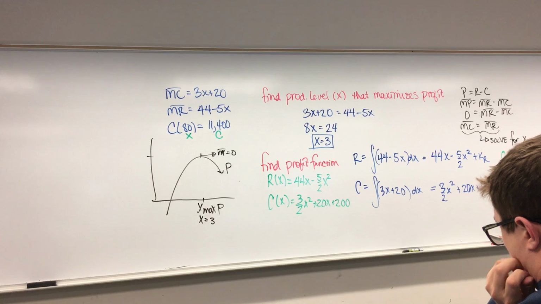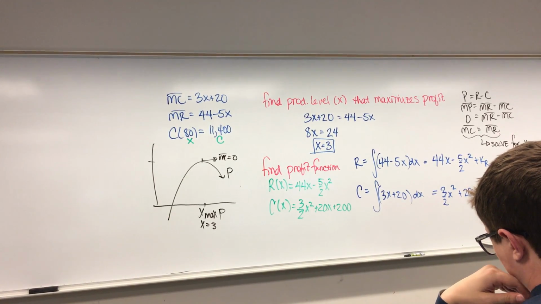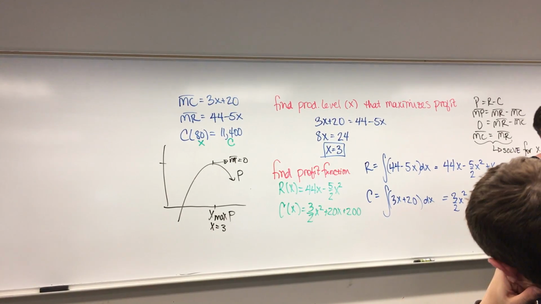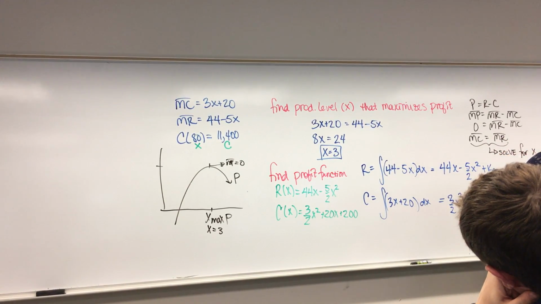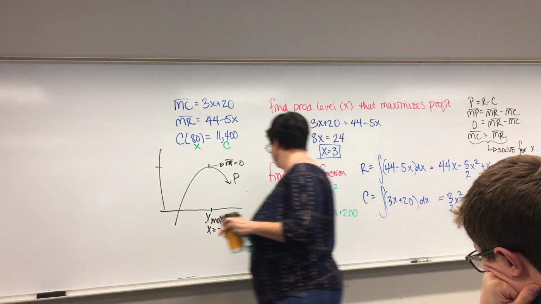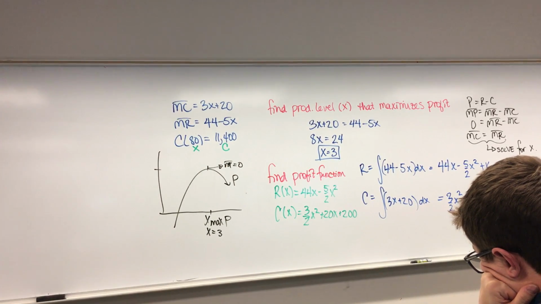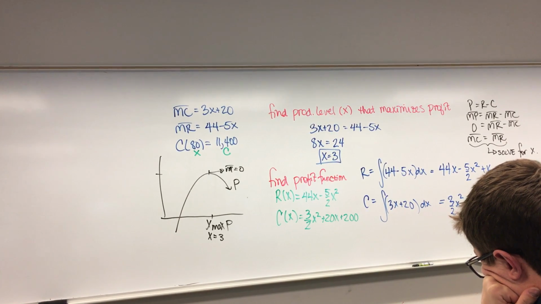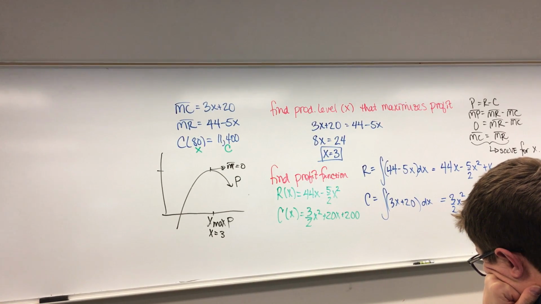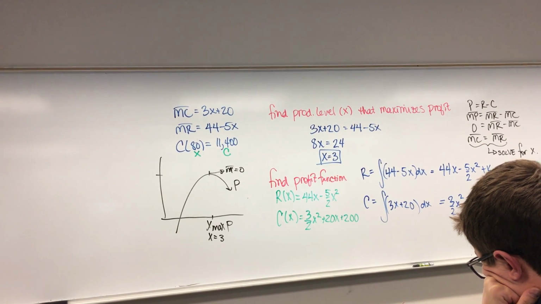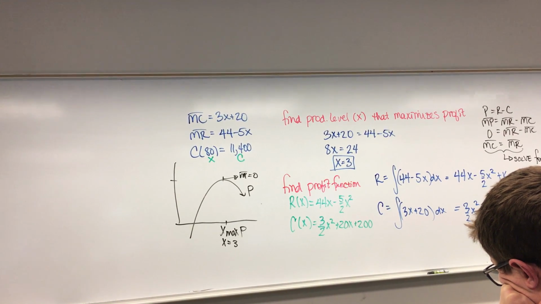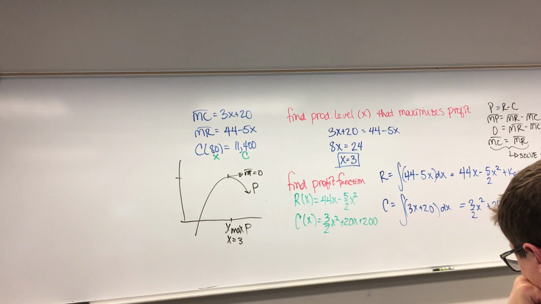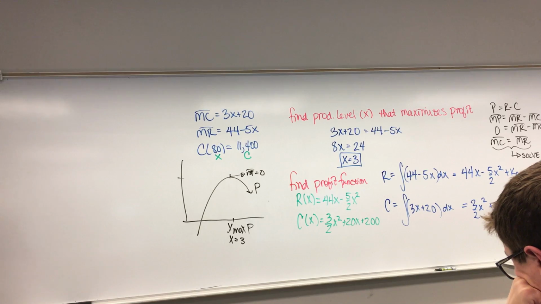I think before I got profit, I had 44x minus 5 upon 2 x squared minus 3x squared upon 2 minus 20x minus 200, and trying to solve the fractions was giving me a problem to get x is equal to 3.